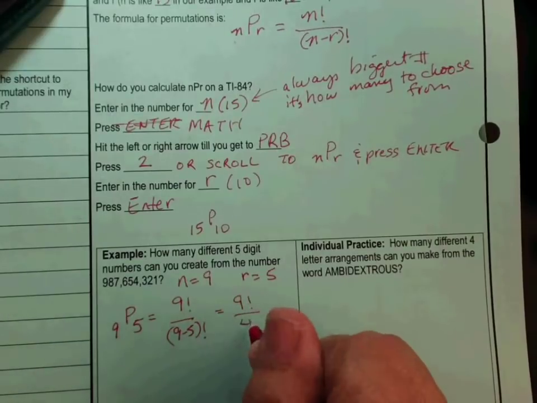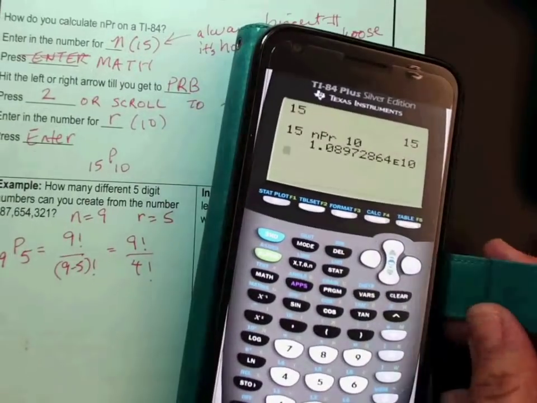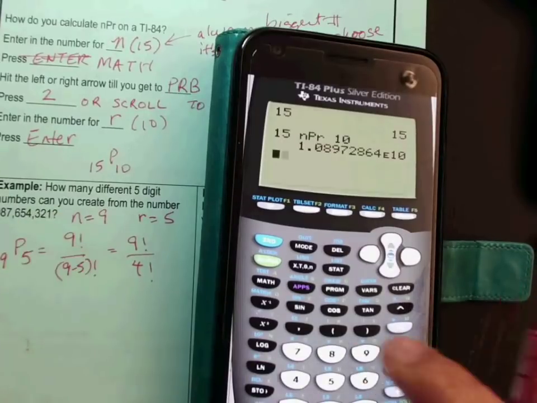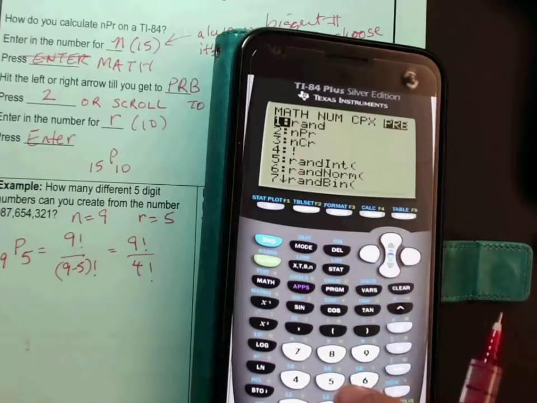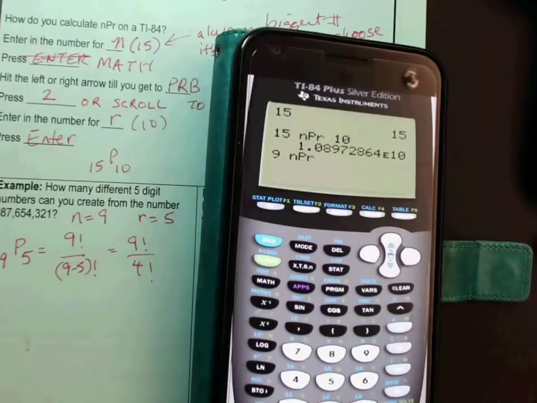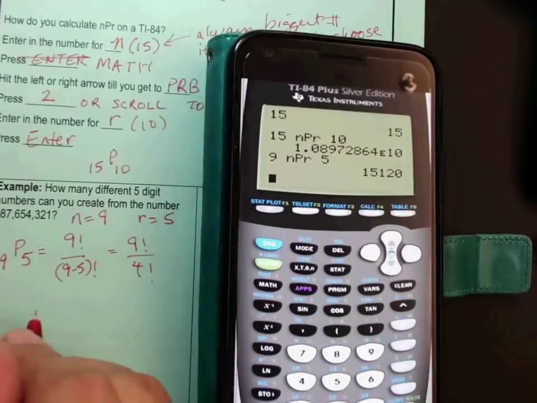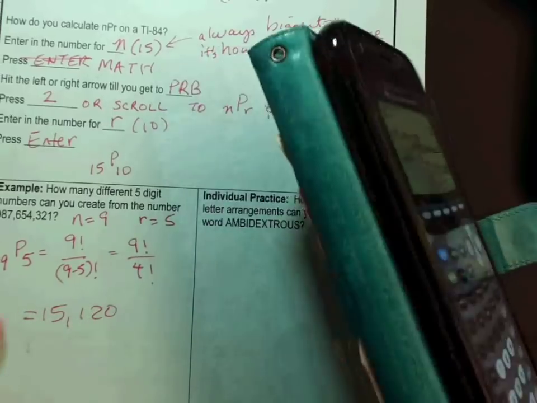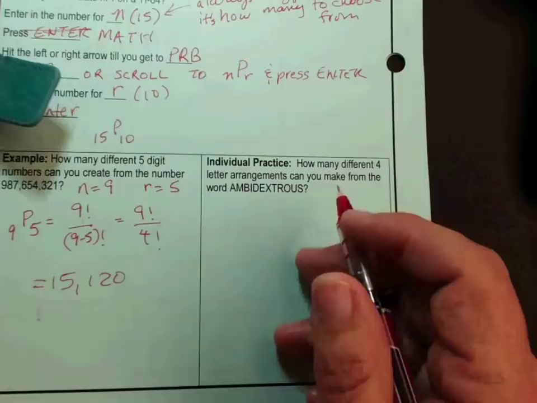But you don't really have to do this part in the calculator. We're going to go ahead and do the shortcut, which is basically putting in N, which is 9, math, scroll to PRB, press 2, and then I'm going to put 5, enter, and I get 15,120.